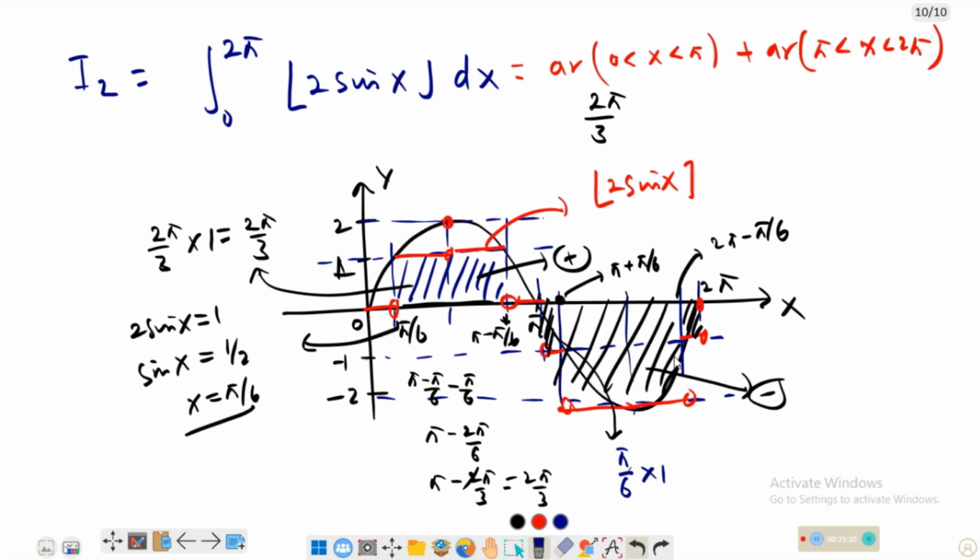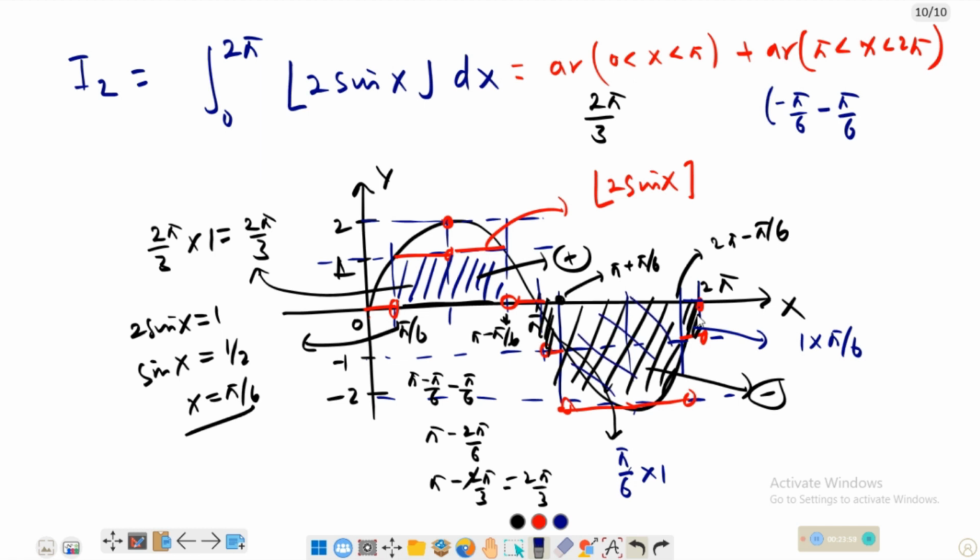Similarly for this integral, 2 pi minus pi by 6, the length is pi by 6 and height is 1, so this is 1 into pi by 6. The sum of these two integrals is minus pi by 6 minus pi by 6 because they are below the x-axis.